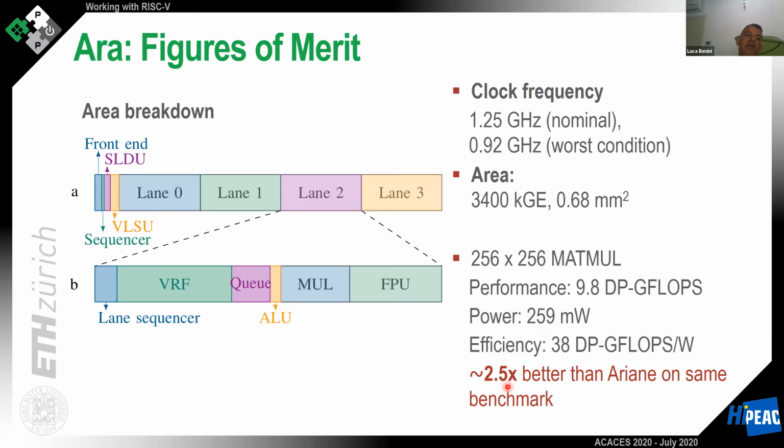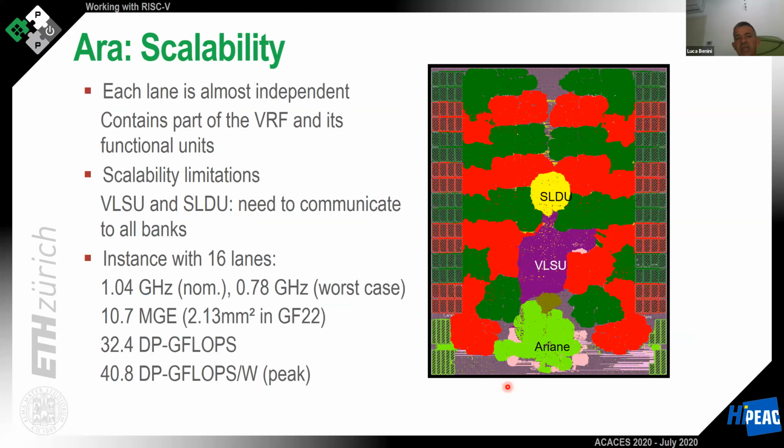If I scale this larger, to the largest instance that I can manage to instantiate with this architecture with ARA, which is a 16-lane instance shown here, which is actually a fairly big chip, this would be something that competes with the Fugaku chip, the top 1 supercomputer in the world.